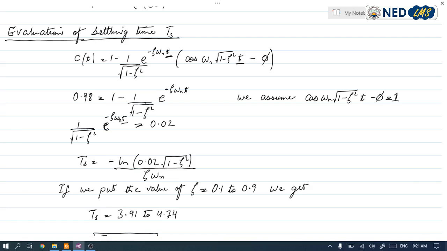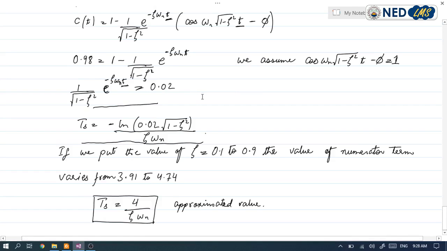After these assumptions, we will get this value, and if we solve here for t, then finally I will get this value for settling time.